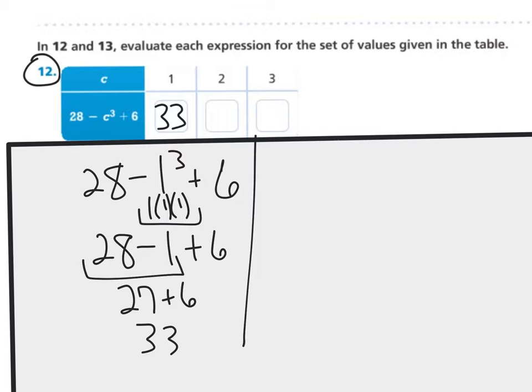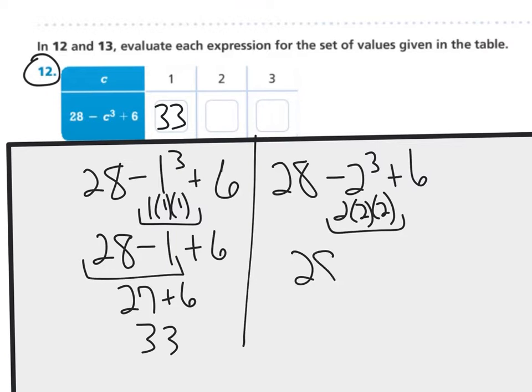Then we would work it out if C was equal to 2. If C is equal to 2, same idea. 2 cubed means 2 times 2 times 2, which is 8. Make sure you're multiplying. 28 minus 8 would be 20.